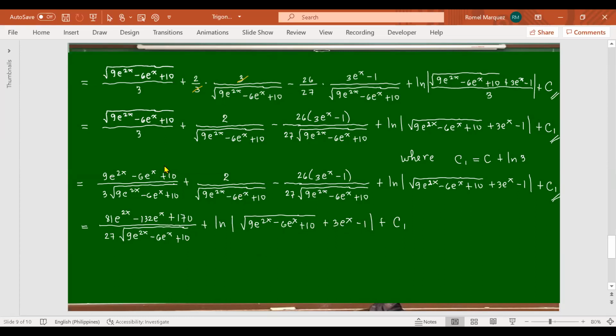So again, let me check for the constant. This is 10. So 27 divided by 3 times 10 plus 27 divided by 1 times 2 plus 26 equals 27 divided by 3 times 10 plus 2 times 27 plus 26 equals, so for the constant, 170.